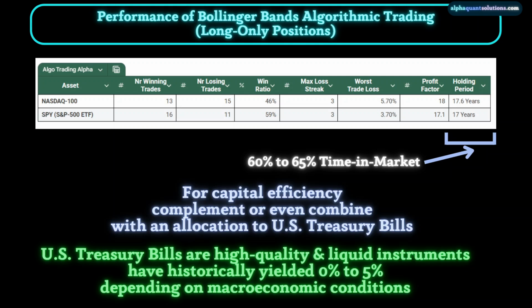At least when the overall market is going down, in a bear market, you would have some return from the US Treasury bills because this algorithm will very likely not trigger. And also, it might help offset some of the losses of the algorithm that once in a while will also return a trading loss, but that might be offset by US Treasury bills. So this is something also to consider.